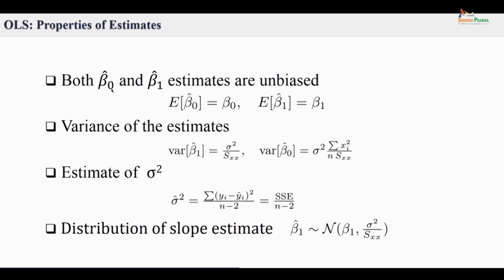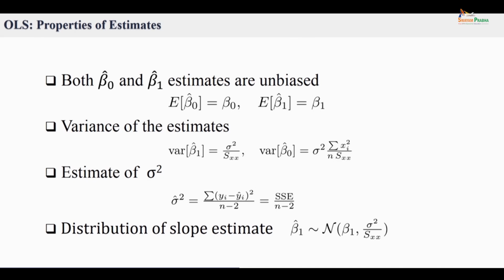Remember that the coefficients of the linear model that we have fitted, which is the intercept term beta naught and the slope term beta 1, these are obtained from data, from the sample of data that you are given. We have indicated that these are estimates and not the true values by putting this caret term on top of each of these symbols, which means that this is an estimate. Beta naught hat is an estimate of the true beta naught, and beta 1 hat is an estimate of the true beta 1, which we do not know.